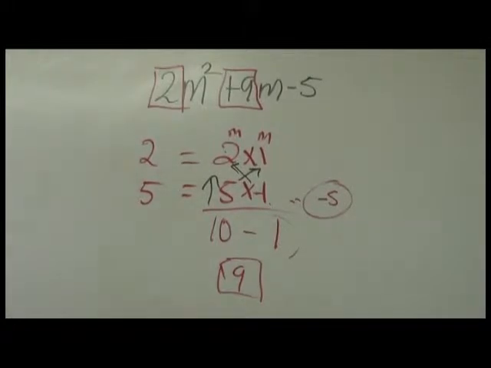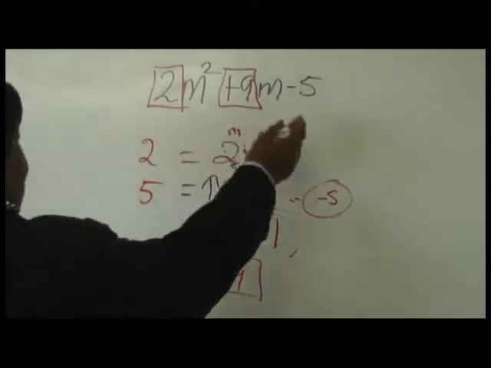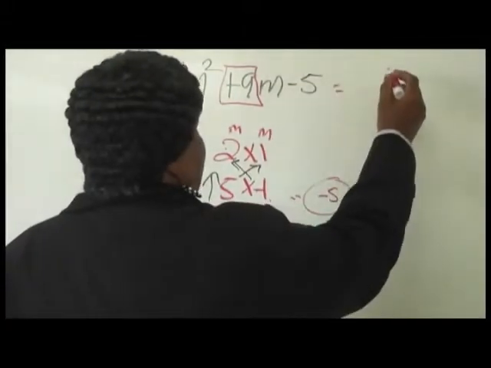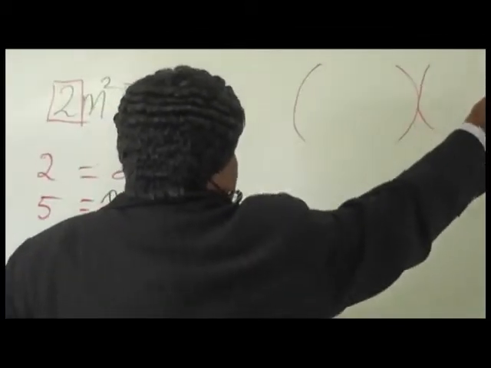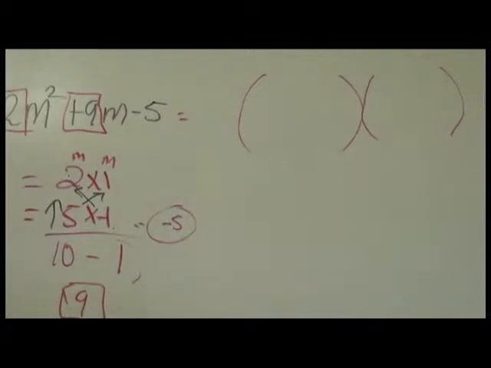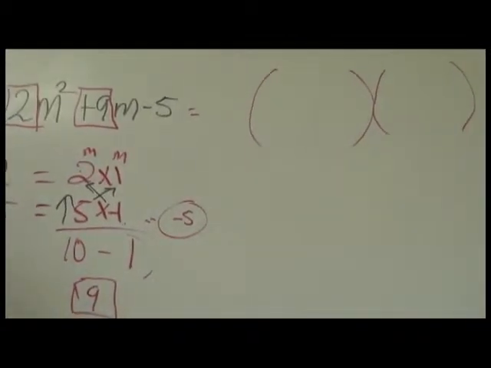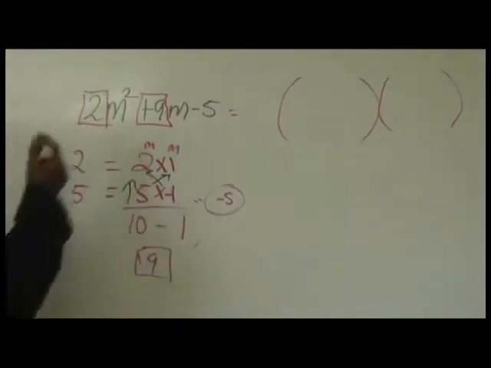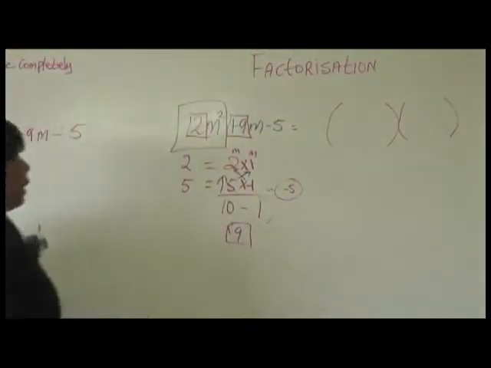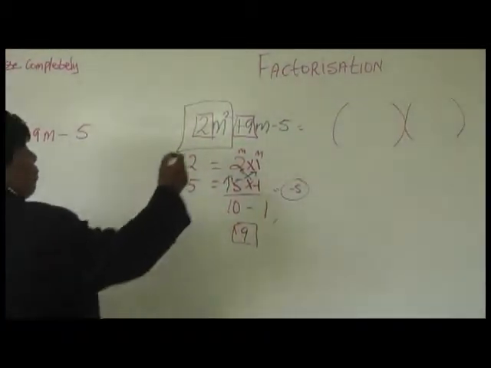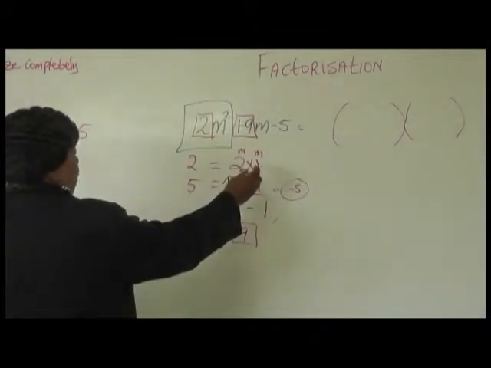So what do we do? For this factorization, we need 2 brackets, this bracket and that bracket. Then we put in the factors from the first term in the brackets. We said that the factors here were 2 with 1.